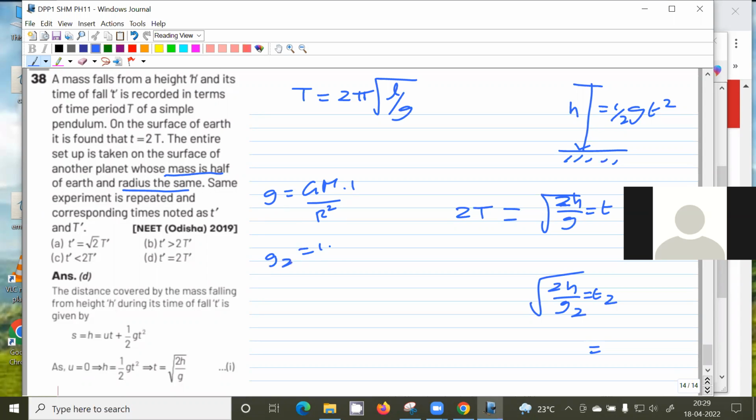So g2 is half of the original g. Okay, so if you put g as half g, root 2 will come up. So it's 2 root 2.